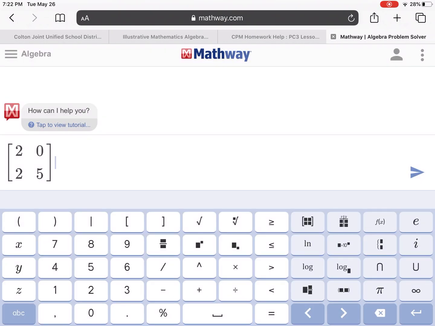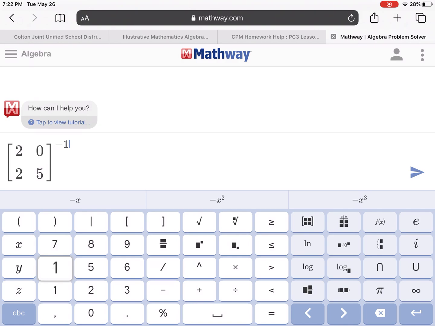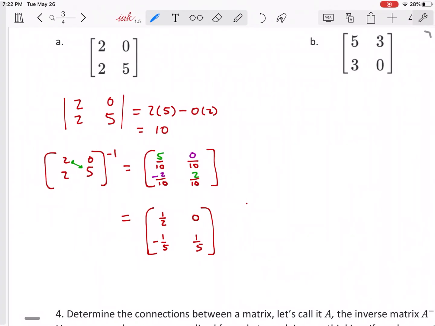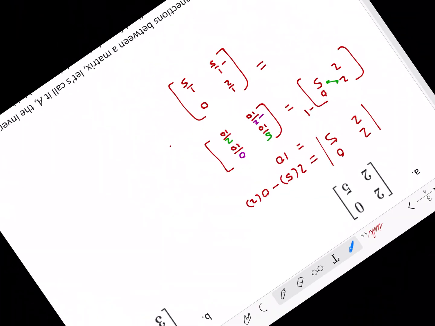Or you can put the -1 symbol as an exponent, almost. And it's going to tell us what the inverse is: 1/2, -1/5, 0, 1/5, which is exactly what we got.